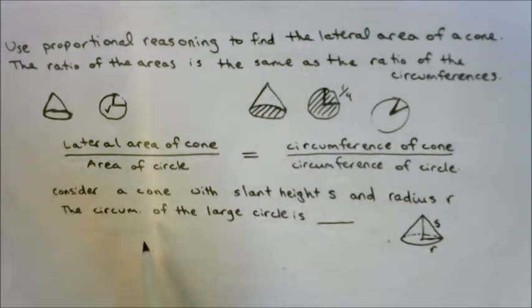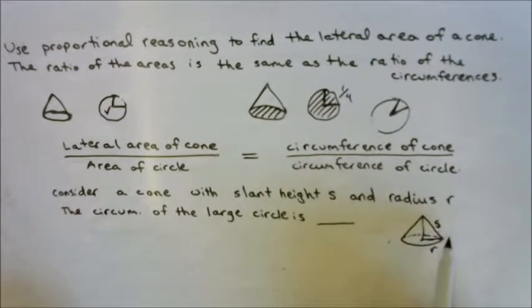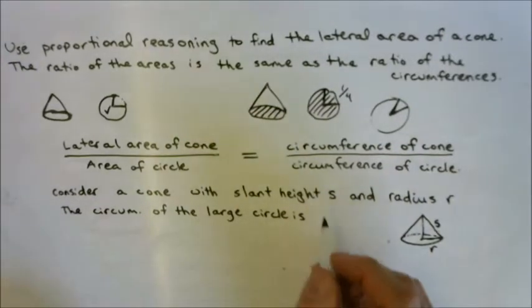How would we find the circumference of the original circle that we cut this cone out of? Let's find out what the slant is. So the slant of the cone is equal to the radius of the original circle. Okay, so to find the circumference of the original circle, we take 2 pi s.